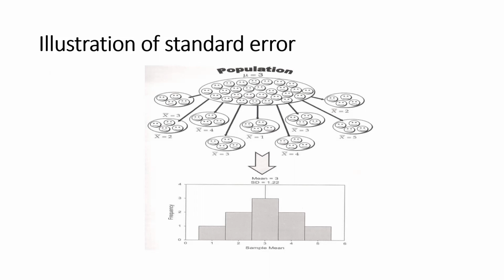Now, each of these samples will have a mean that may be the same or different from the population mean. So that's why you're seeing X bar. X bar is sample mean, mu is population mean, if you remember. I can collect samples of 4 persons from this population in, at least I've shown 9 different ways here. It's possible to do it in 20-something different ways or 30-something different ways.